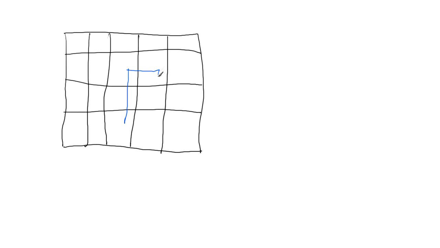So let's say this is our tile map. The black is our tile map. The blue is our sprite. Alright, so the million-dollar question is, how do we determine which tiles, if any, our sprite is overlapping with?